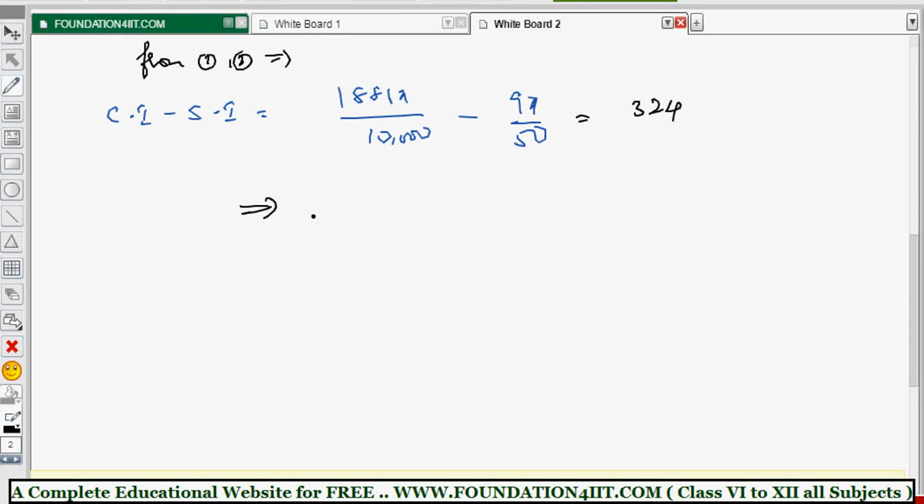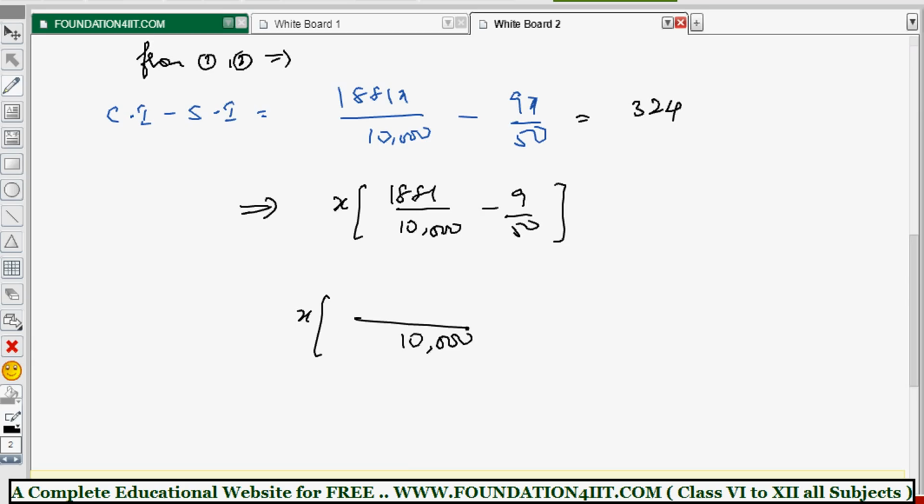Then find out the 81. Just to simplify this again, take x common. 1881 by 10,000 minus 9 by 50. Okay, x is common, 10,000 is LCM.